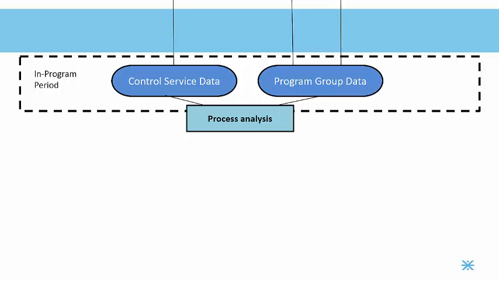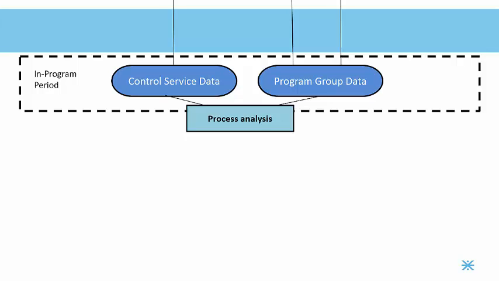Once you've gotten data on what the program group does during the in-program period and the control group does during that same period, you can write a process analysis report. That report is the place where you might eliminate some sites from the impact analysis that did not actually deliver what they were supposed to deliver to the treatment group.